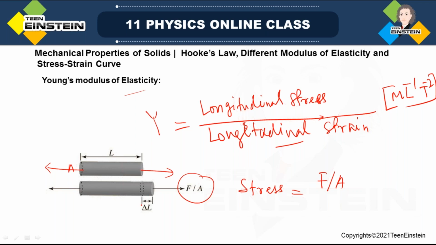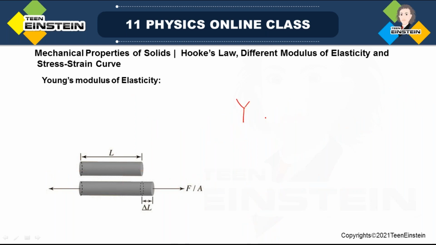What is longitudinal strain? Upon applying this stress, how much is the change? Look here in the figure. What is the change in the length? That is delta L. So what will be the strain in this case? Longitudinal strain will be delta L by L. Now, if you want to calculate Young's modulus, it is stress by strain.